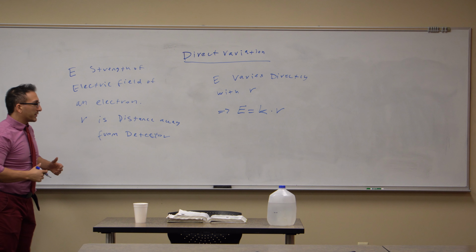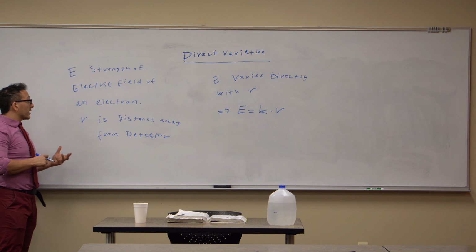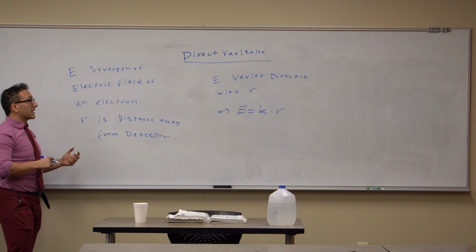So E is the electric field of an electron, K is some number, we don't know it yet, and R is the distance away from a detector.